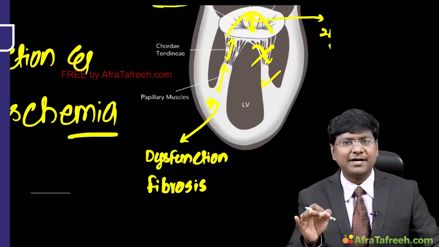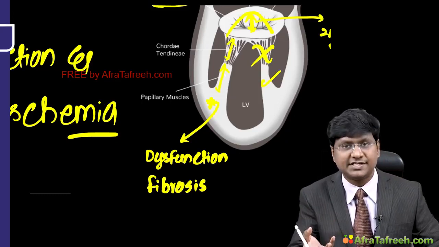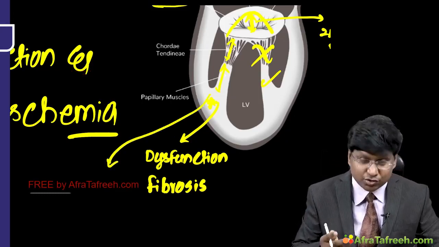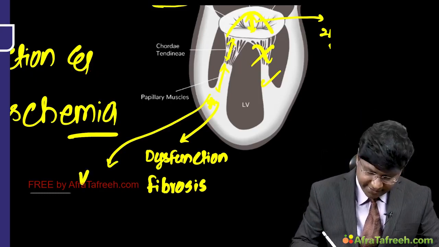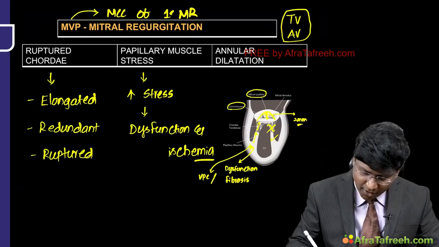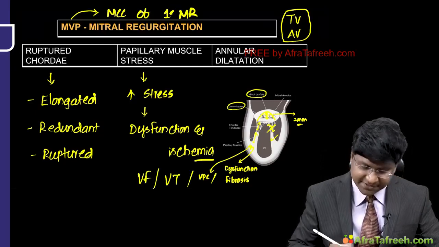Okay, so this part of the endocardium has the tendency of arrhythmogenicity. This part of the endocardium will throw arrhythmias, where the individual will develop ventricular premature contractions, right? Or these individuals develop VT or VF subsequently.